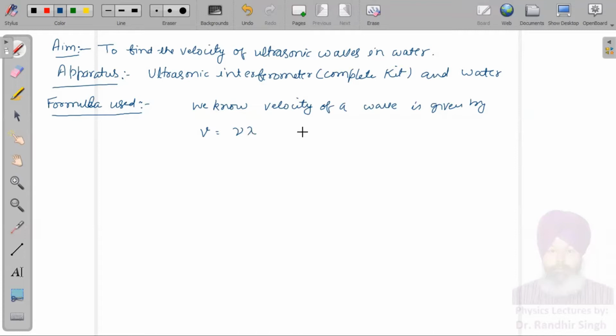I guess everybody amongst you knows this, and rather I will be using this formula f lambda. I am using symbol f, which is equivalent to nu. It is the frequency of the wave.